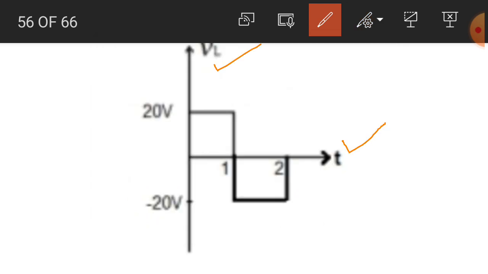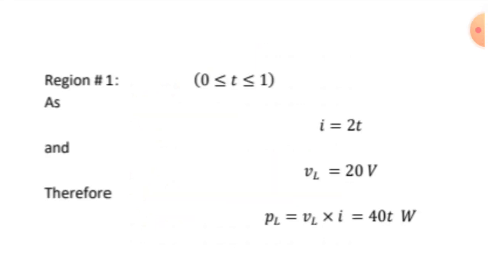You see the voltage across the inductor is constant in region number 1, which is 20 volt, and the voltage across the inductor is constant in region number 2 as well, which is minus 20 volt. So this is the sketch for the voltage across the inductor in region number 1 as well as region number 2.